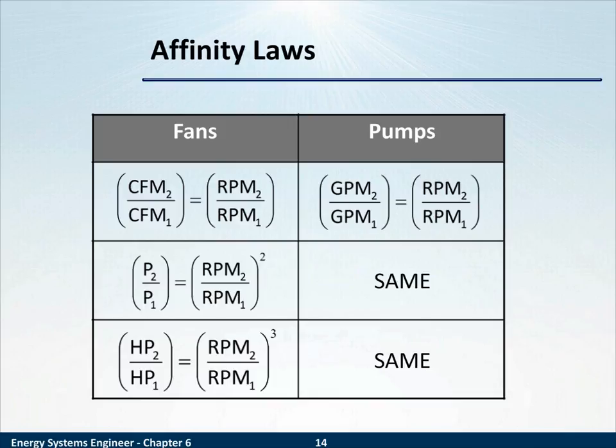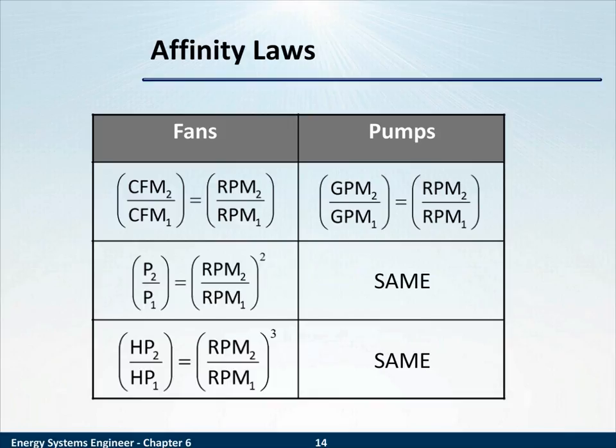What the first affinity law says is that the ratio of the cubic feet per minute after some change, CFM2 versus CFM1, is equal to the ratio of the rotational speed of the fan after versus before. So they are indeed linear. If you double the rotational speed of a fan, you'll double the cubic feet per minute.